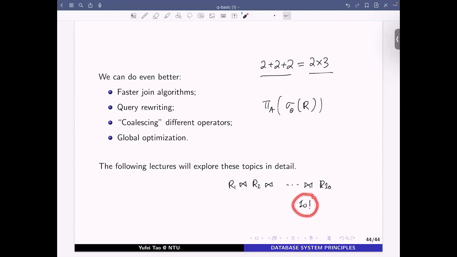They all compute the same result, which is the natural join among these 10 relations. However, you don't want to try all of them. Interestingly, there are smart algorithms that will allow you to find the best join ordering. This will be a dynamic programming algorithm you will learn later. All right. Very good.